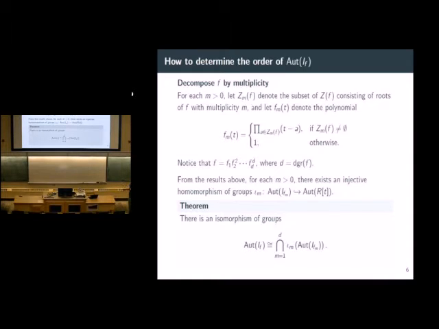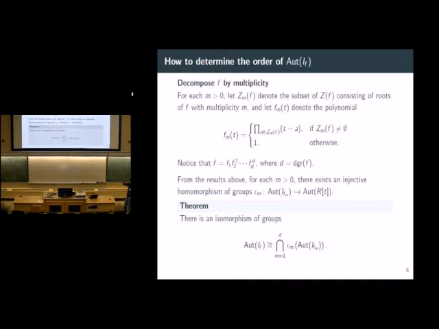So basically, what this theorem says is that you don't have to compute for f in general. You can just restrict to polynomials with simple roots, and to compute the automorphisms of polynomials with simple roots, all you have to do is go back to the previous lemmas and just compute gamma of f.